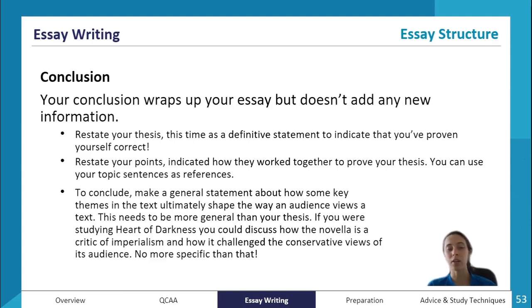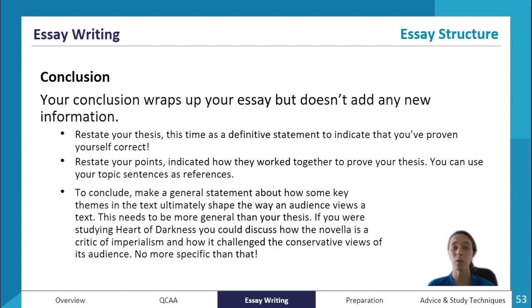The thing here to note is it's important not to be really repetitive. You want to be adding to what you've already said, not just repeating things that you've already said. So keep that in mind as well. And to conclude, make a general statement about how key themes in the text ultimately shape the way an audience views a text. And this needs to be more general than just your thesis.